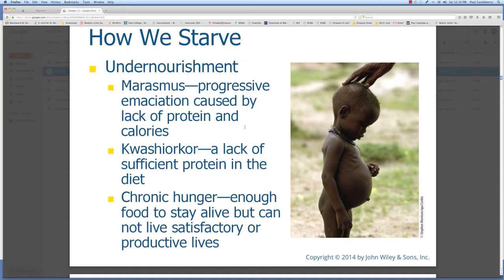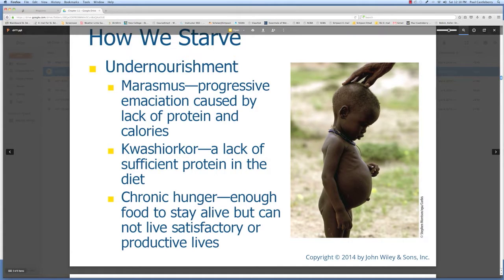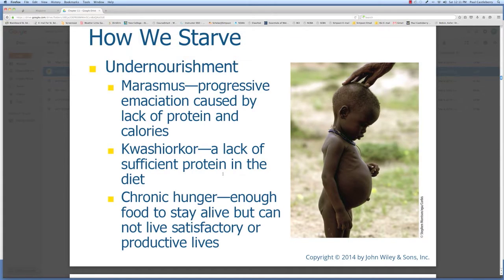And the second one, kwashiorkor, I'm wondering if I'm pronouncing that correctly, but that itself is a lack of protein in the diet. And so what you'll typically see with these types of things is emaciation and the distended belly, especially in areas where there's not a lot of protein. And then the people are constantly hungry.